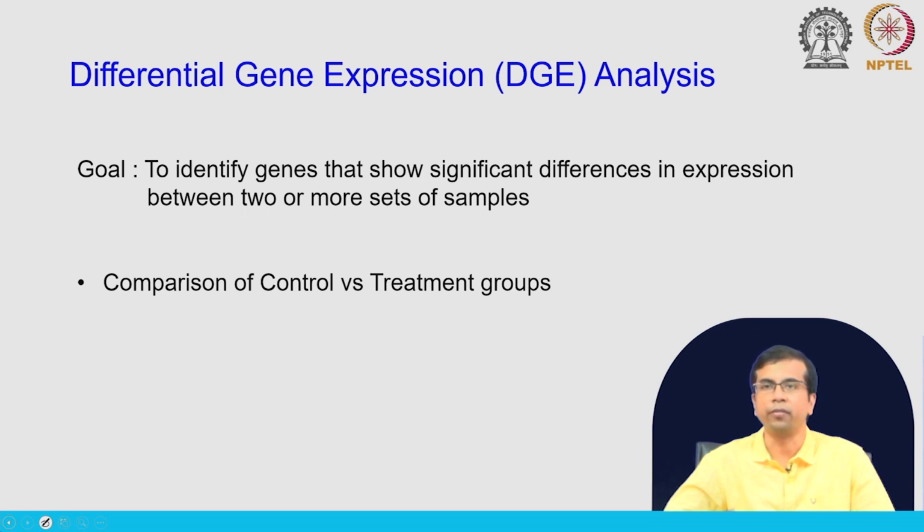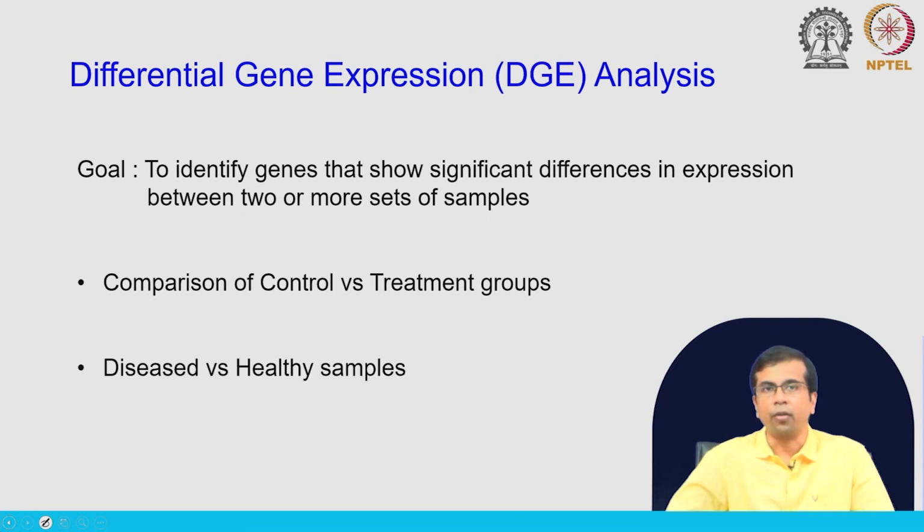Imagine you are doing an experiment where you want to test how a treatment affects cell behavior, cell physiology, etc. You have control cells and cells that are treated with a drug or some other type of treatment, and then you look at the change in expression of genes and identify which genes are responding, because that might give you some insights about the function of the treatment that you are using.